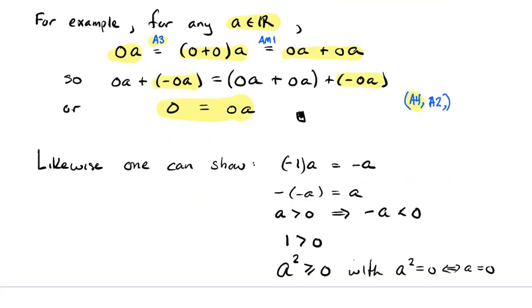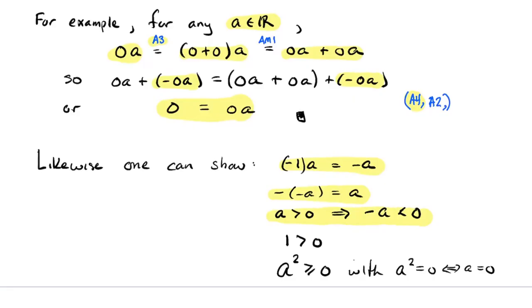So for example, what's the first one I wrote here? If you take the additive inverse of 1 and multiply it by a, you get the additive inverse of a. You can derive that from our axioms. Negative 1 times a is negative a. Another one, the additive inverse of the additive inverse of something is the something. Negative negative a is a. You can show from our axioms above that if a is greater than 0, then its additive inverse is less than 0.